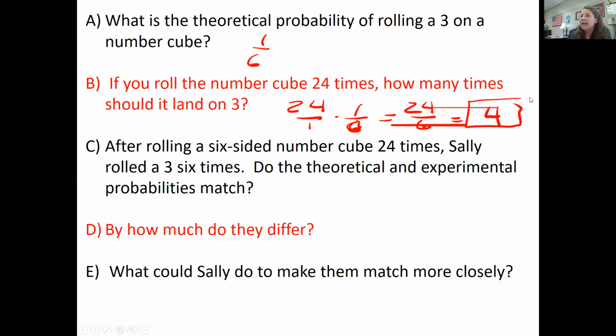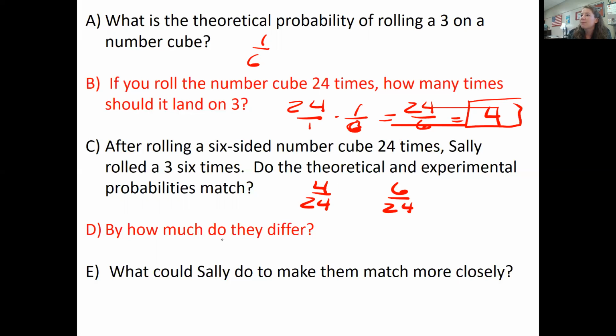So after rolling a 6-sided number cube 24 times, Sally rolled a 3 6 times. Do the theoretical and the experimental probabilities match? Nope, they don't match, because we got 4 out of 6, or did we? We got 4 out of 24, and they got 6 out of 24.